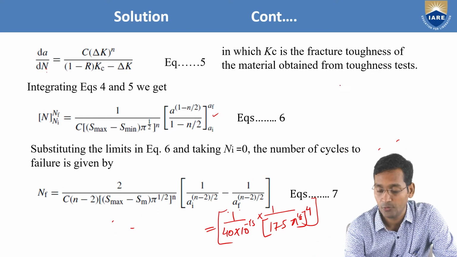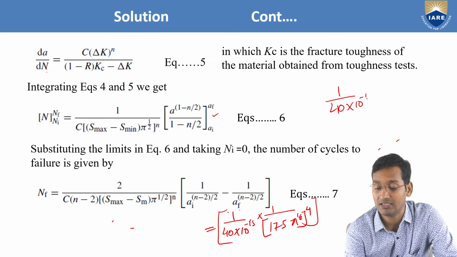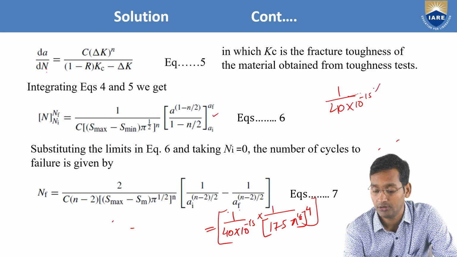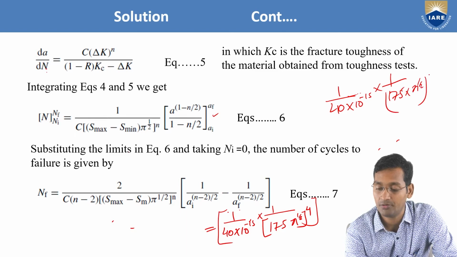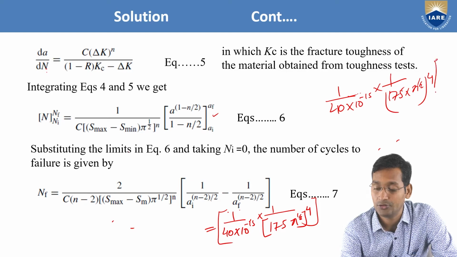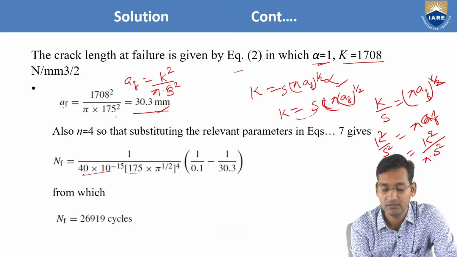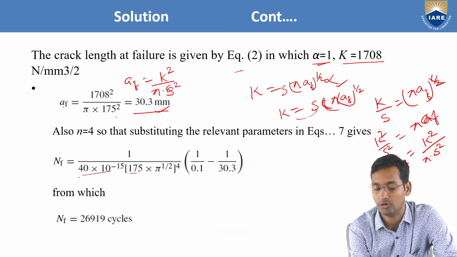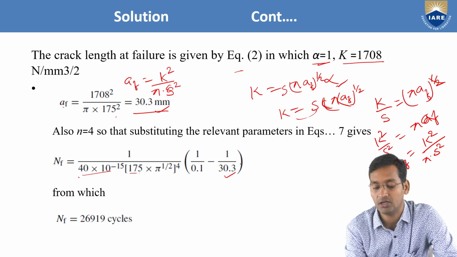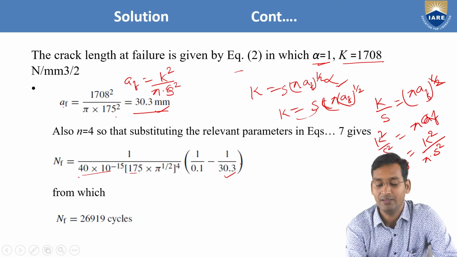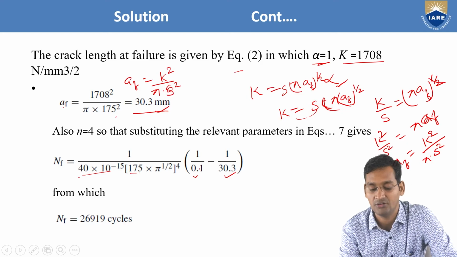Now this term into this term we have to find. What we have is 1 by 40 into 10 to the power minus 15, into 1 by 175 into pi power 1 by 2 and whole power 4, into 1 by AI minus 1 by AF. Here we found 30.3 as AF, and AI is given.